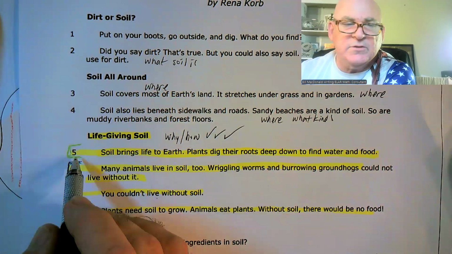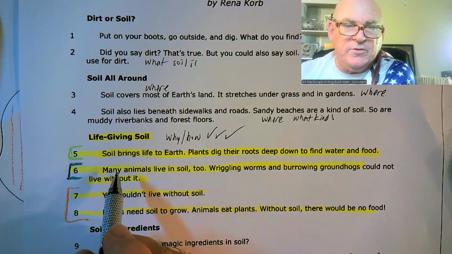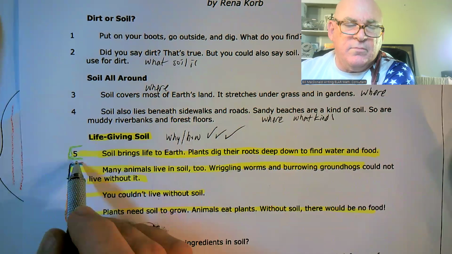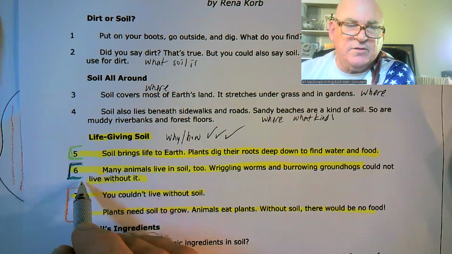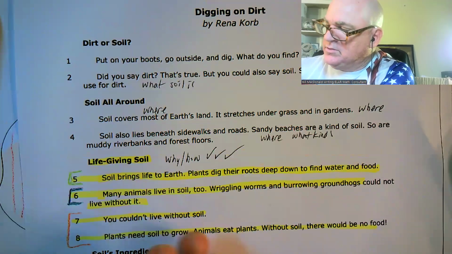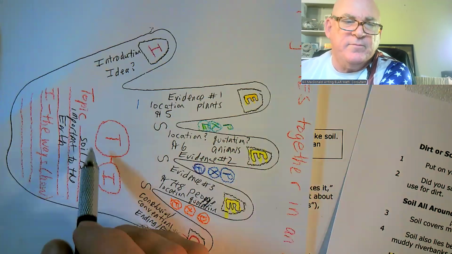And so what I did was I highlighted the evidence yellow that I plan on using, and I even put my paragraph 5 in green, paragraph 6 in blue, and paragraph 7 in orange. So when you look over here, I actually wrote it in that way.